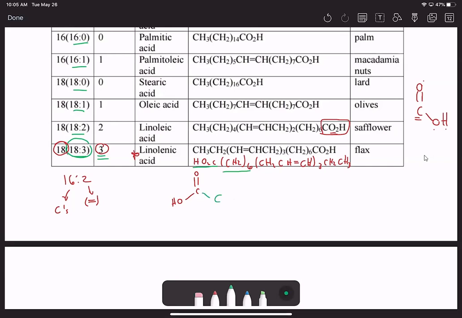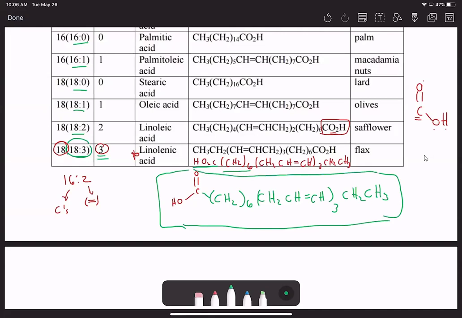So I'm going to go CH2, there's 6 of them. And then I have CH2, CH, CH, and there's 3 of them. And then I have CH2, CH3. So I've written this out in a structure that's a lot more recognizable than just simply this.